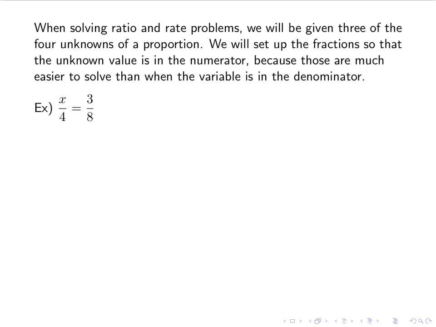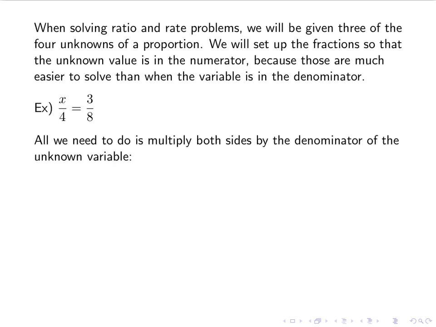So we're going to set up things that look like x over 4 equals 3 over 8. And then we want to solve this, so we're going to multiply both sides by the denominator of the unknown variable. So we'd multiply both sides by 4, so x would be 3/8 times 4. And then we would simplify it to 3 over 2.